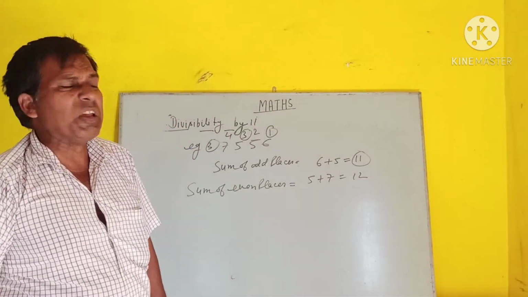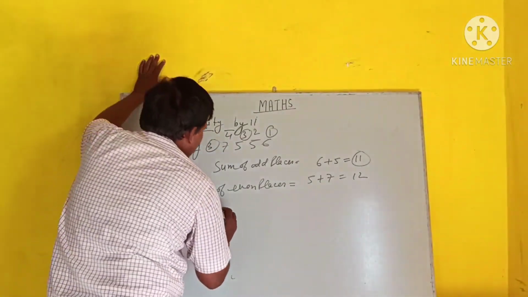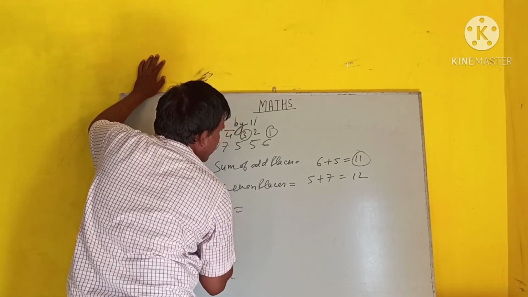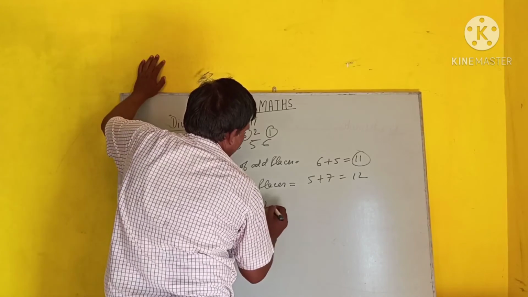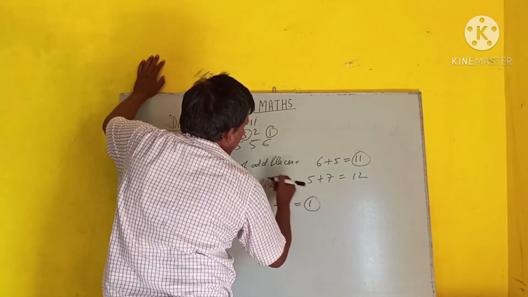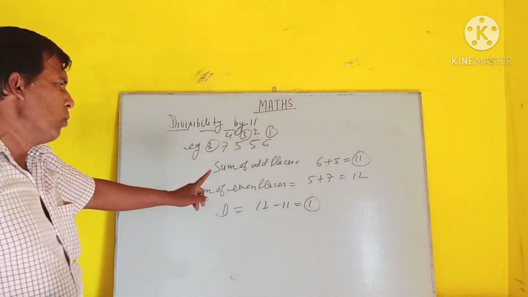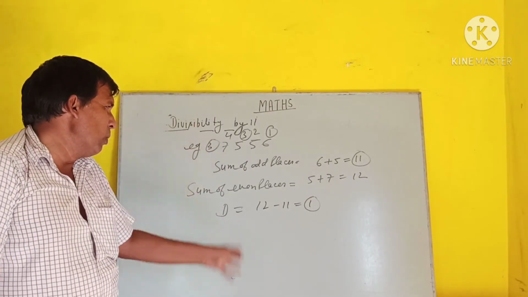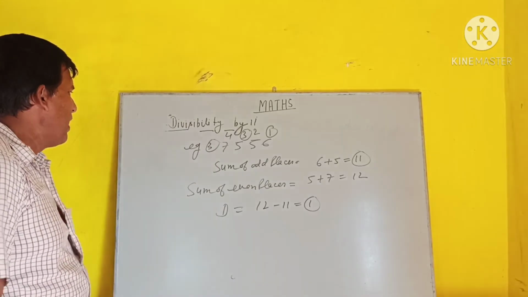Now the difference is 12 minus 11 is equal to 1. The difference is 1. 1 is not divisible by 11, so the whole number is not divisible by 11.